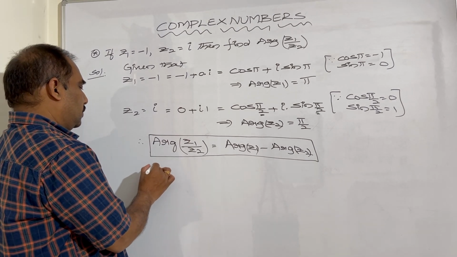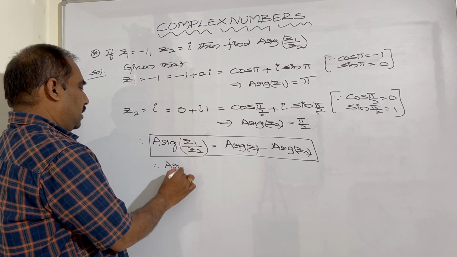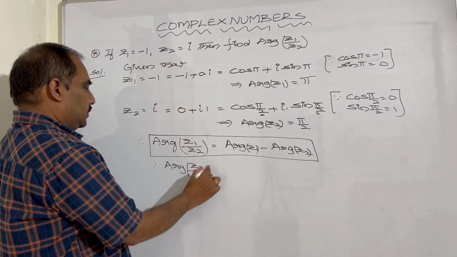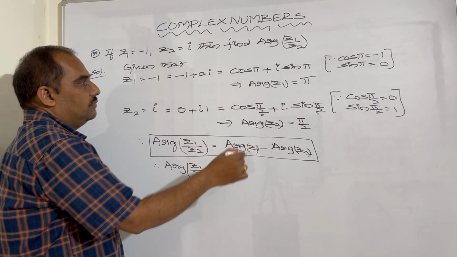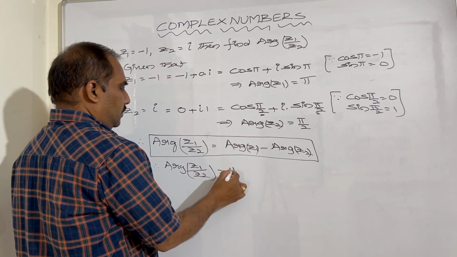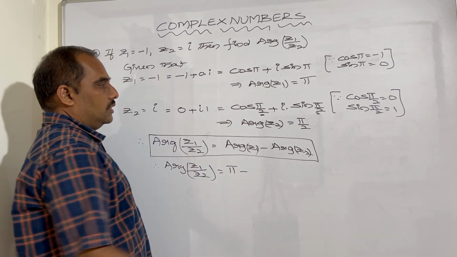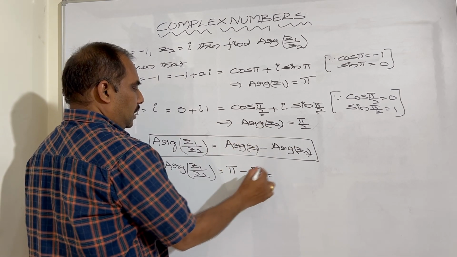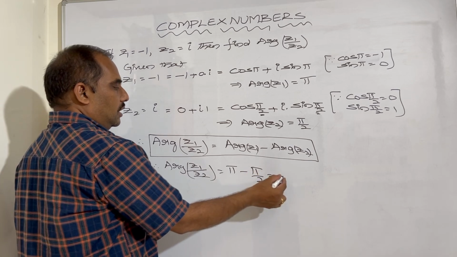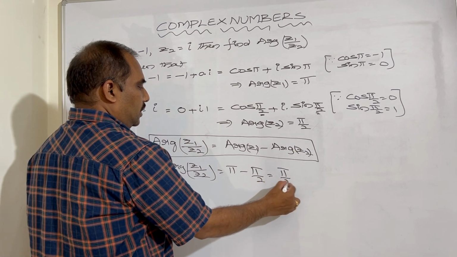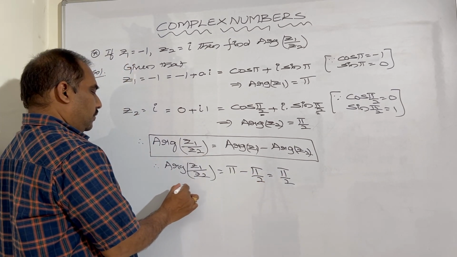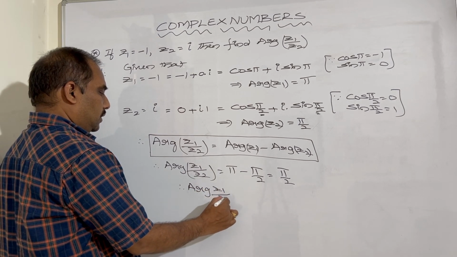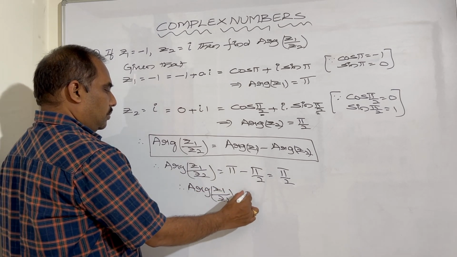So therefore argument of z1 by z2 is equal to, what is argument of z1 here? Pi, minus argument of z2, which is pi by 2. So we get 180 minus 90, which is equal to 90. So finally argument of z1 by z2 is equal to pi by 2.